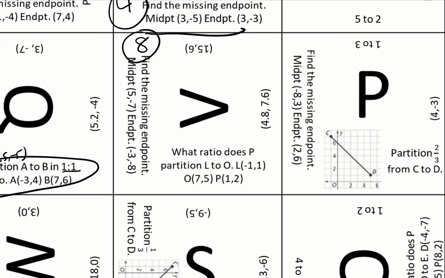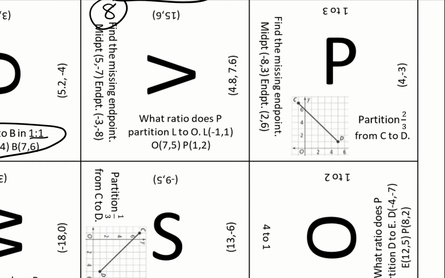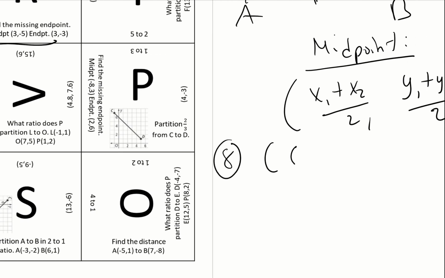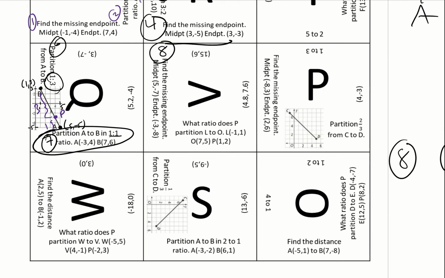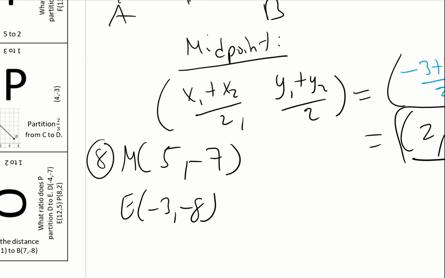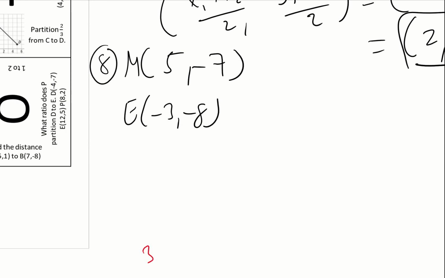Okay, number 8, find the missing endpoint. So we got 5, negative 7, negative 3, negative 8. 5, negative 7 is my midpoint. Okay, so we're going to set up the equation. Remember, the midpoint, the answer is equal to the midpoint.